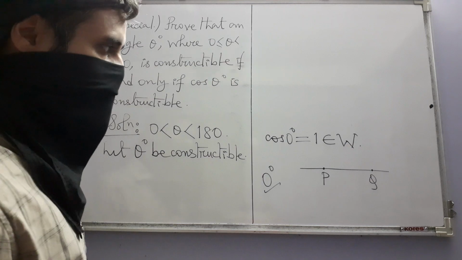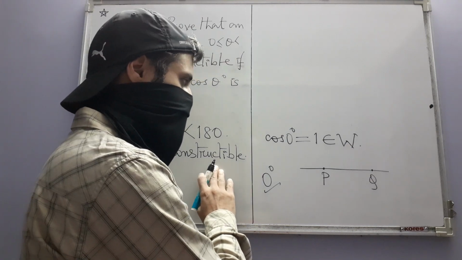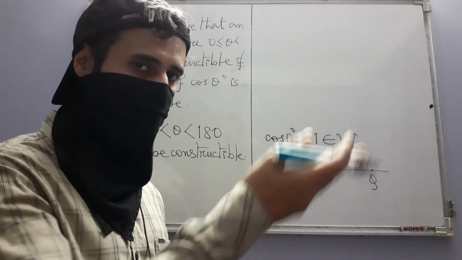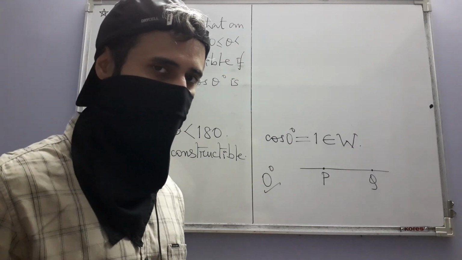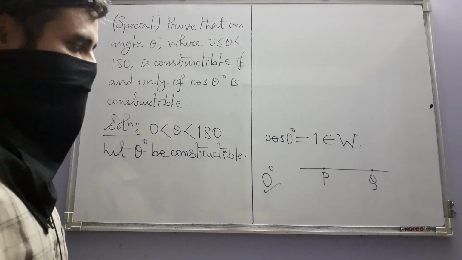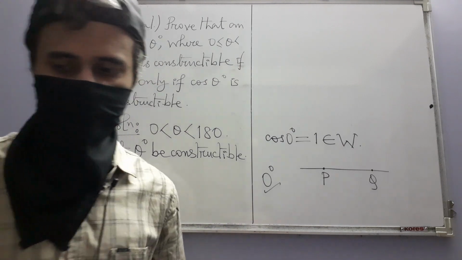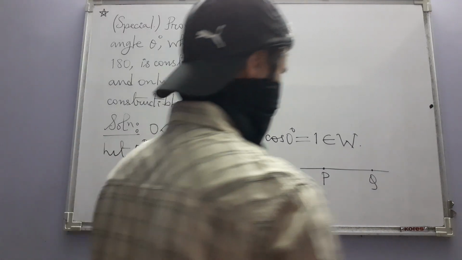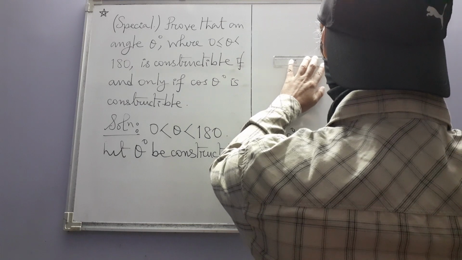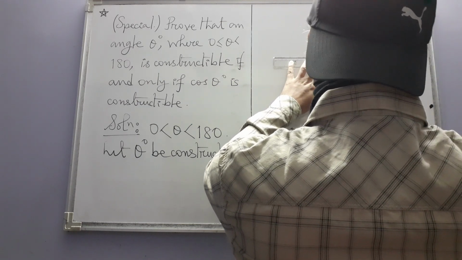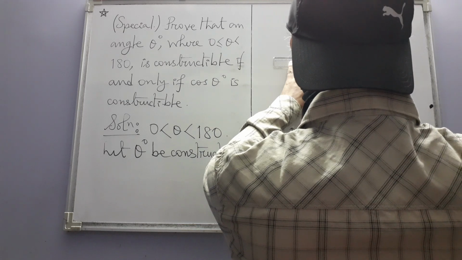That means what? It means that theta degree is an angle. I am saying an angle and not the angle because between two lines there are two kinds of angles, right? It is an angle between two constructible lines. So that means now we will have two constructible lines, so that one of those two angles, actually there are 4 angles, but two of them are equal and the other 2 are also equal.